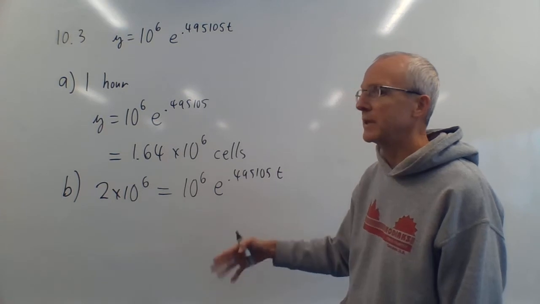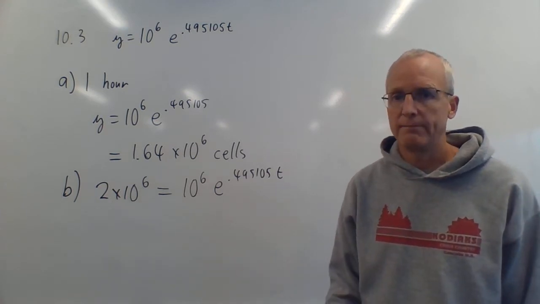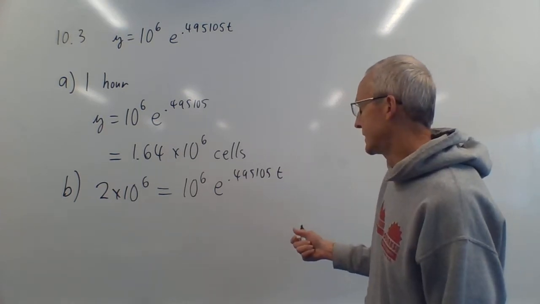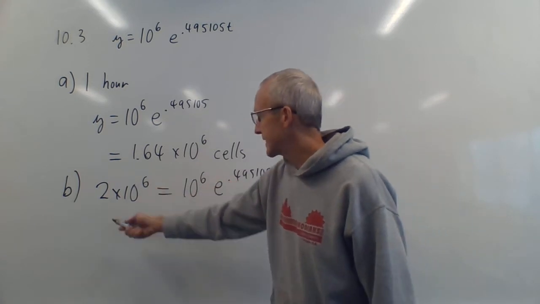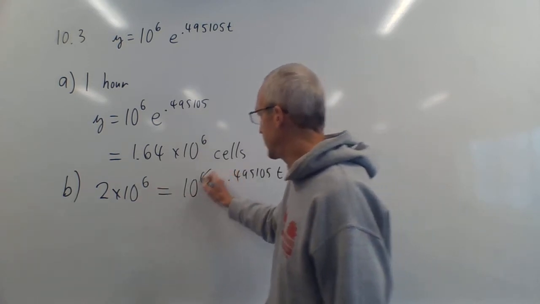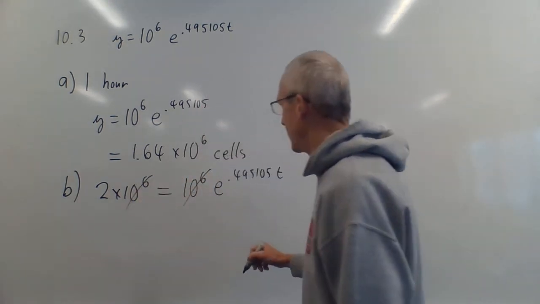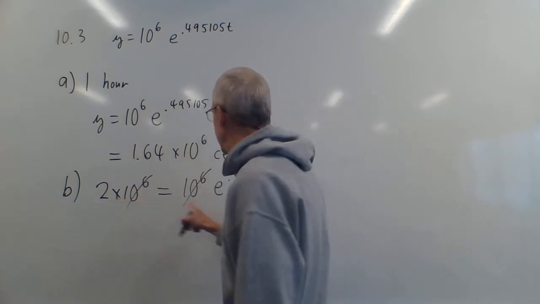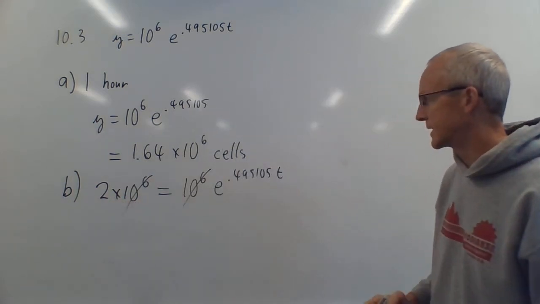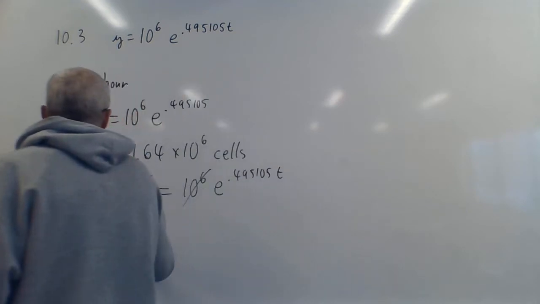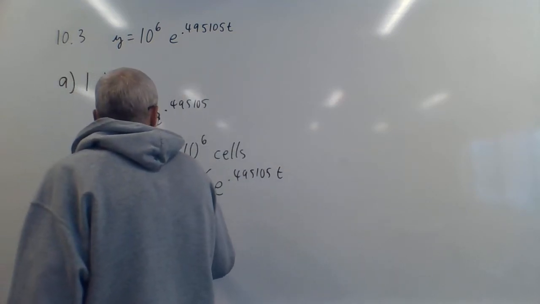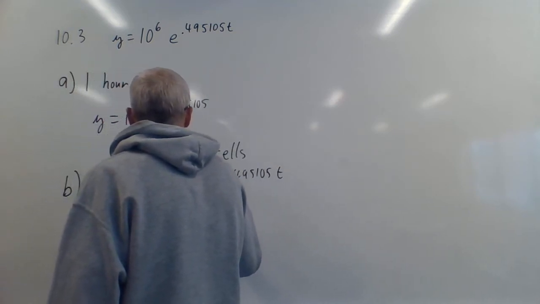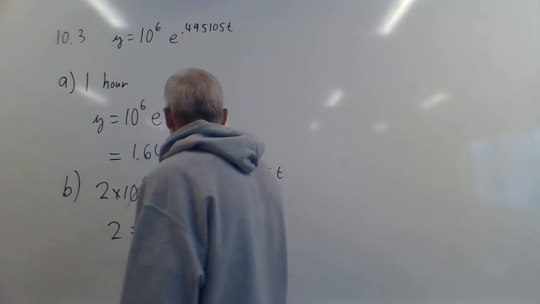At what time, how many hours until there's twice as many? Well, let's see. What's really nice is that the 10 to the 6's cancel. Divide both sides by 10 to the 6, they go away. And we have 2 is equal to e to the 0.495105t.